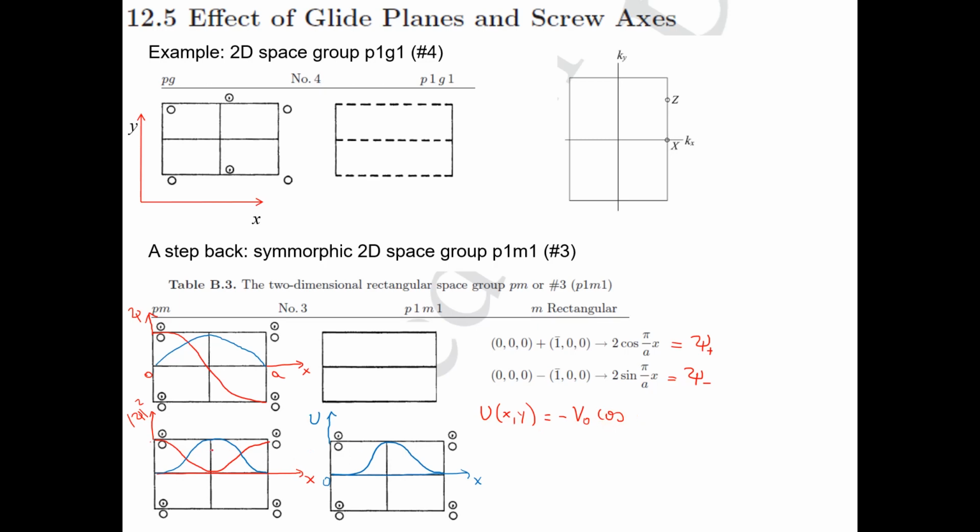It actually looks like a sine of 2 pi over a x as well, up to a constant, right?